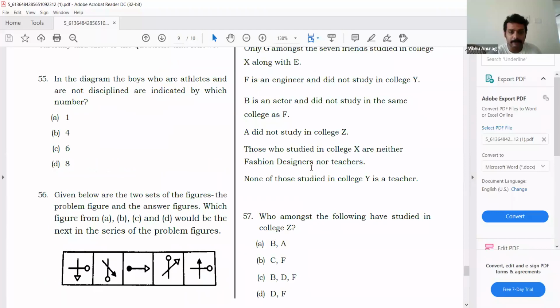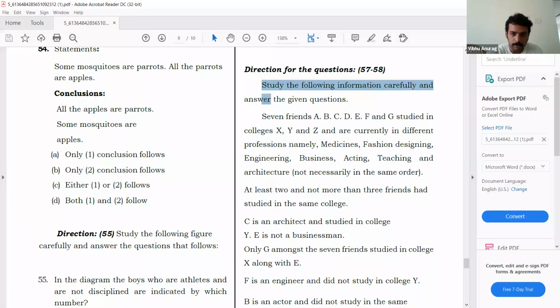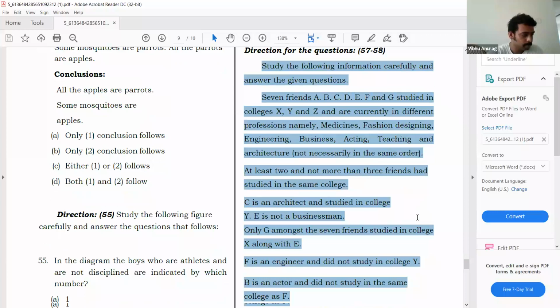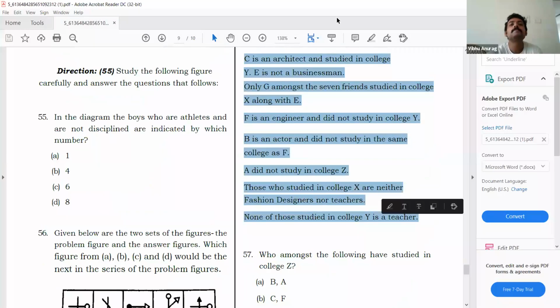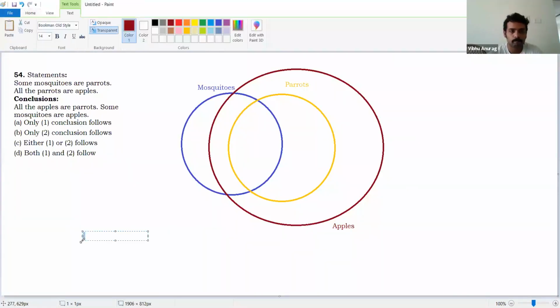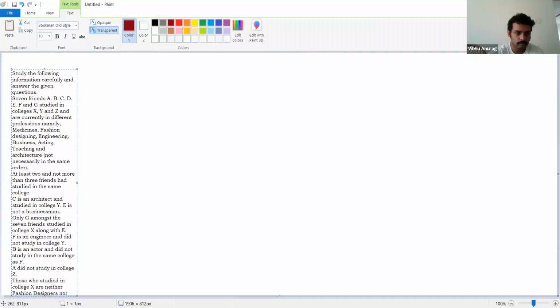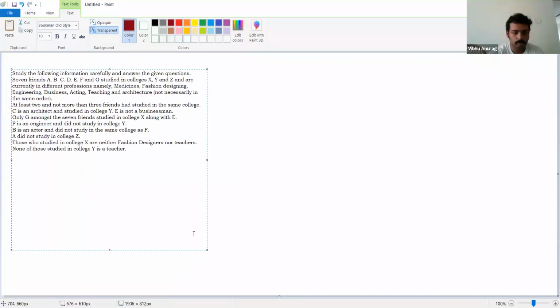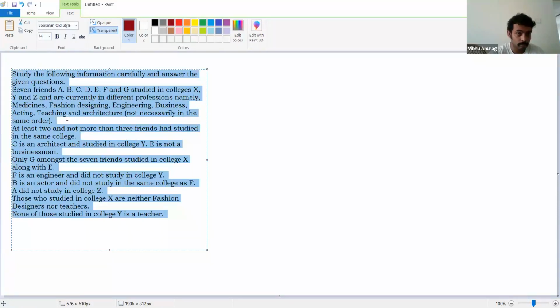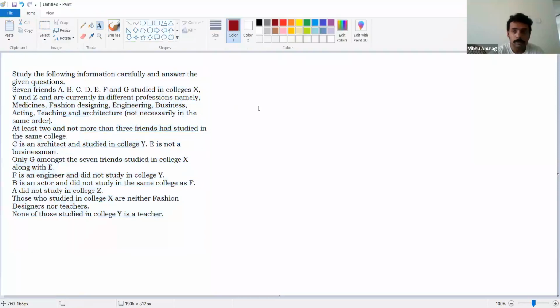Then 57 and 58. Let's go to the drawing board again. 56, of course, there is meaning in shading.